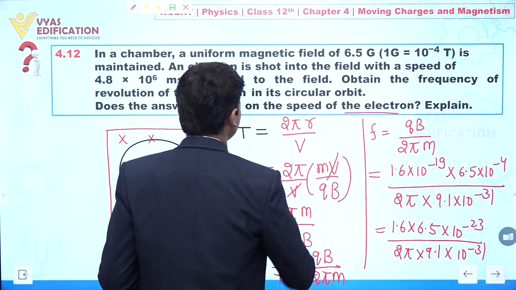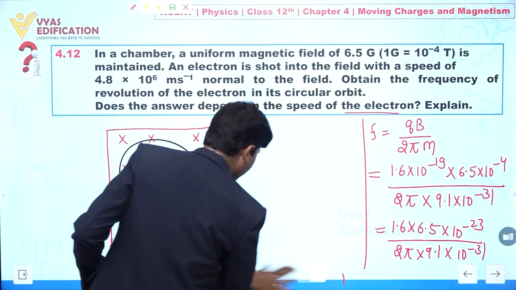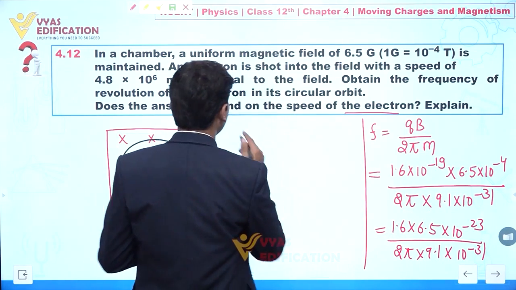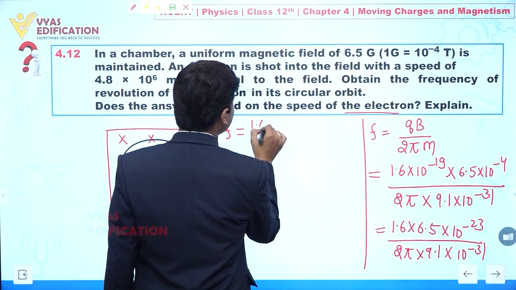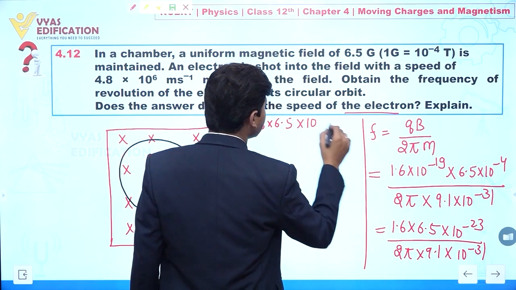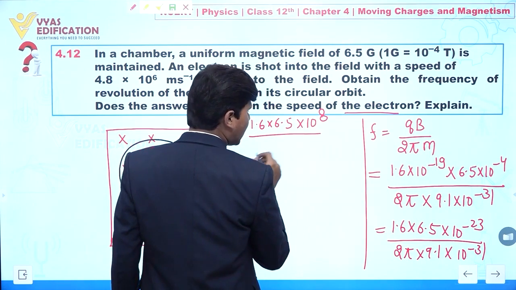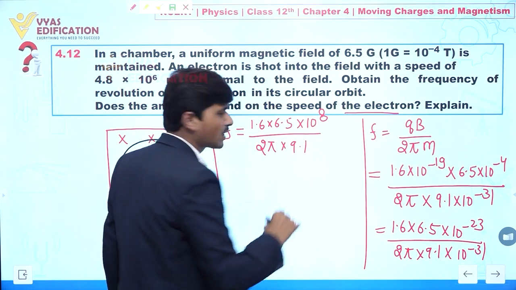Now we can solve it. So the frequency of this revolution is given by f equal to 1.6 into 6.5 into 10 to the power 8, divided by 2 pi into 9.1, clear.